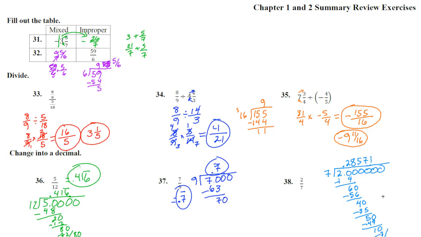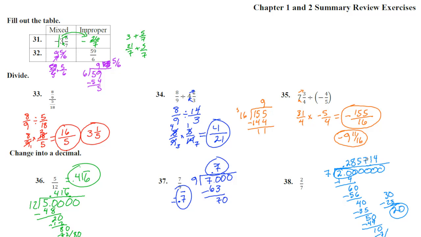Subtract. We're going to come back up here with a 3. Drop down a 0. 7 goes into 30 4 times. 4 times 7 is 28. Subtract, and we get a 2. Drop down the 0. 20. That's where we'll go through that whole cycle over and over again.